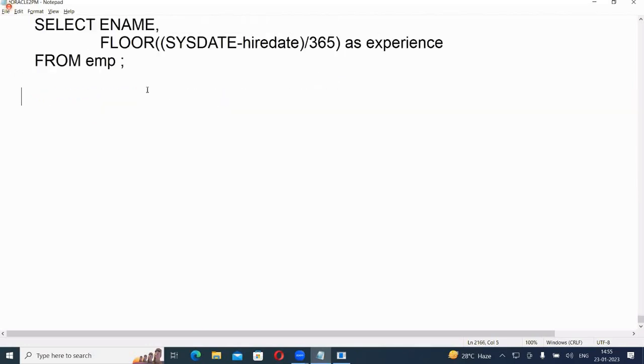Next one, date functions. But all functions are important. It depends on the project.